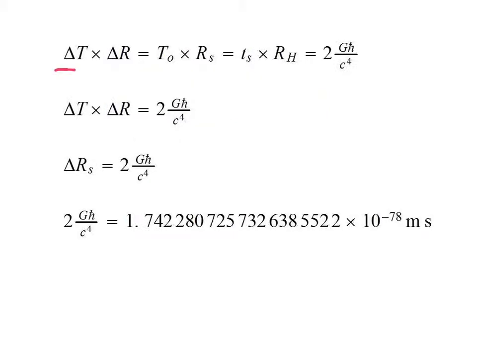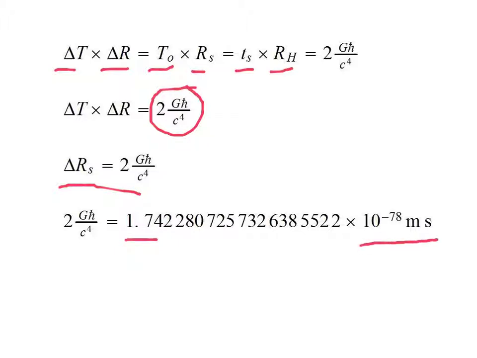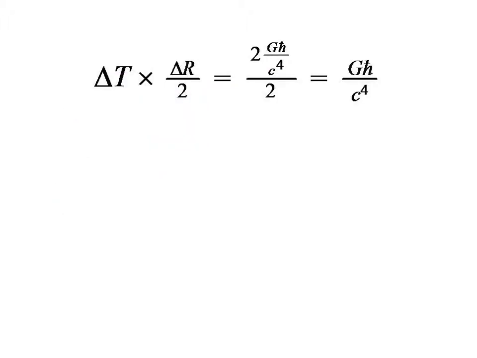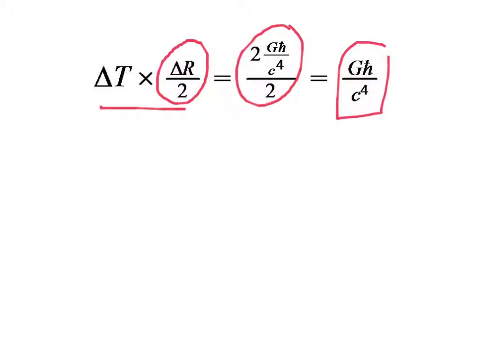As we've seen, delta time times delta radius is the same as large time against small radius, or small time against large radius. The product of the two is this term here, which matches our delta r sub s. Numerically, delta r sub s is approximately 1.7 times 10 to the minus 78 meter seconds. If we divide both sides by 2, specifically delta r divided by 2, and our product by 2, we find that the product of these two equals big G times h bar divided by c to the 4th.